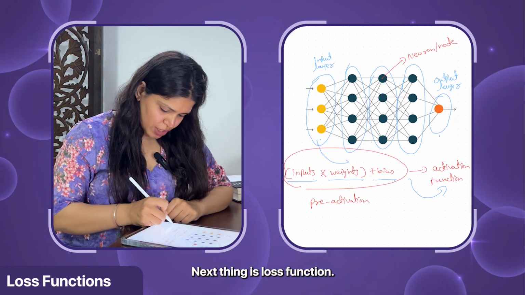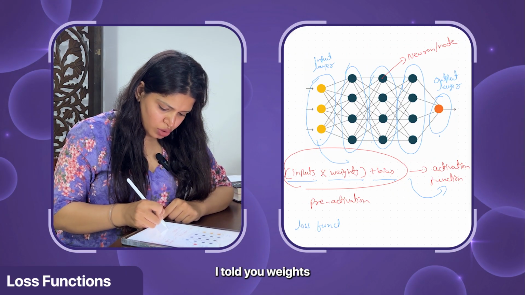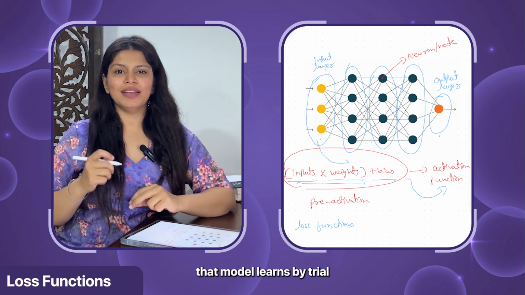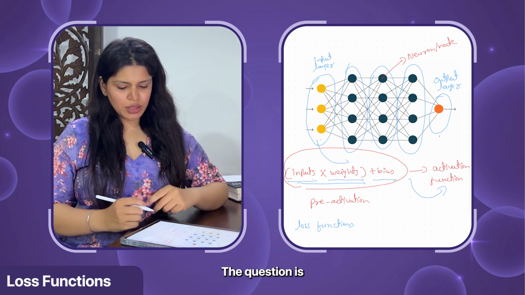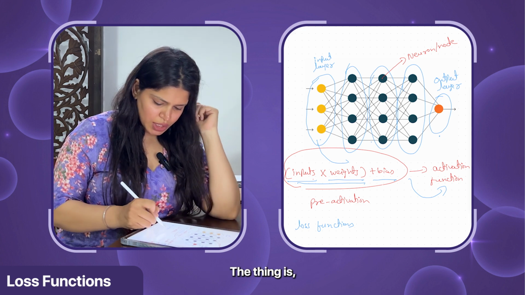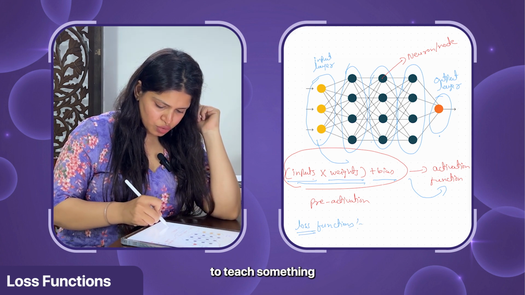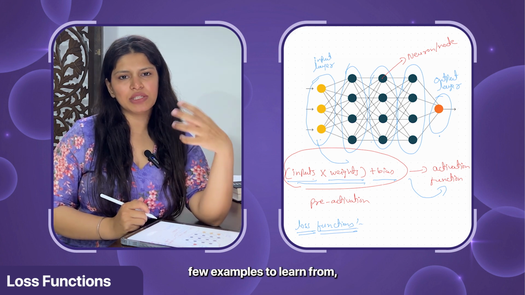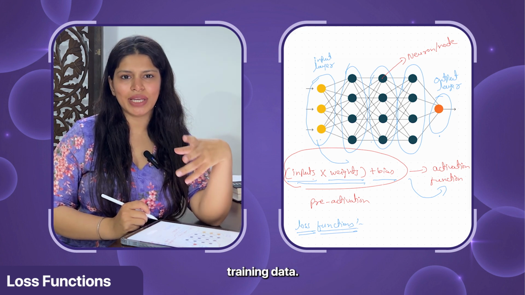Next thing is loss function. So remember I told you weights and biases is something that the model learns by trial and error. The question is, how does it know that it has made the wrong prediction? The thing is, when we are trying to teach something to our model, we first give it a few examples to learn from, and that is called training data.